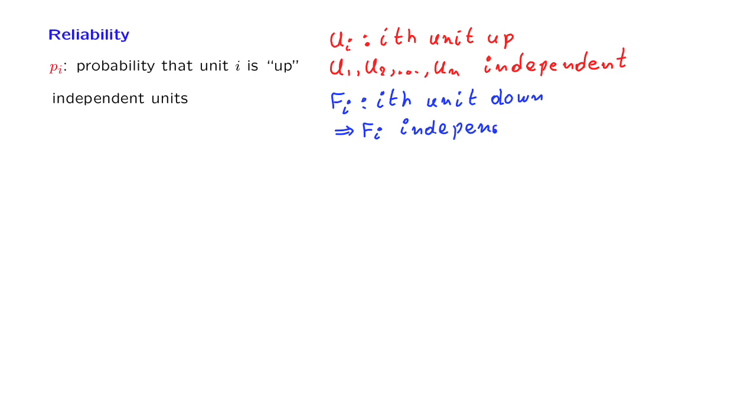How do we know that this is the case? If we were dealing with just two units, then this is a fact that we have already proved a little earlier. We did prove that if two events are independent, then their complements are also independent. Now that we're dealing with multiple events here, a general number n, how do we argue?